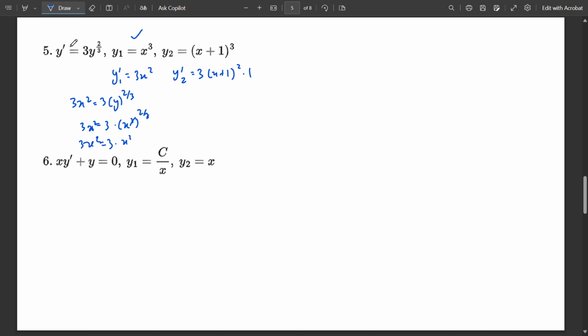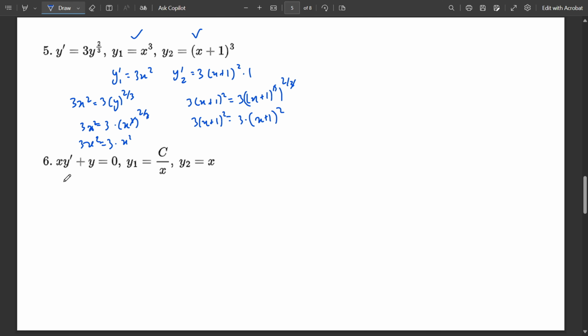Substituting this into the differential equation, we have 3 times x plus 1 squared equals 3 times y, x plus 1 cubed, to the power of 2 over 3. Well, this can cancel out, which leaves us with 3 times x plus 1 squared. So this is the same, that means this is a solution.